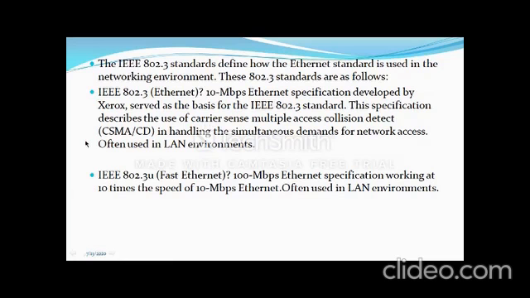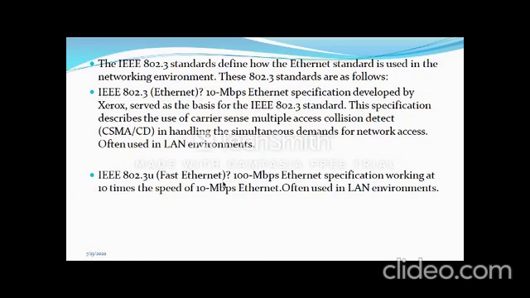What is CSMA? Carrier Sense Multiple Access. CD, collision detect, in handling the simultaneous demands for network access. These are used in LAN environments. 802.3u, what is that? It's Fast Ethernet.